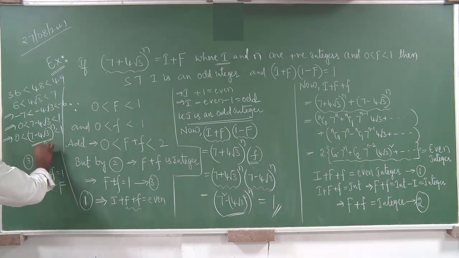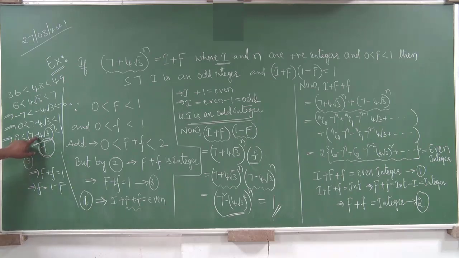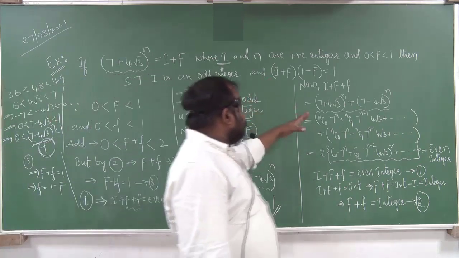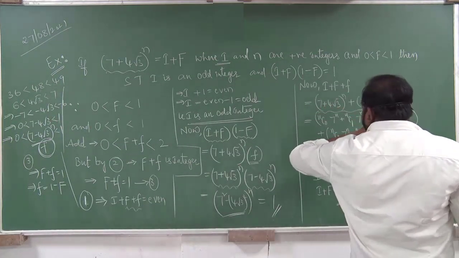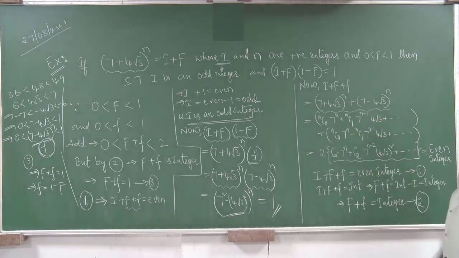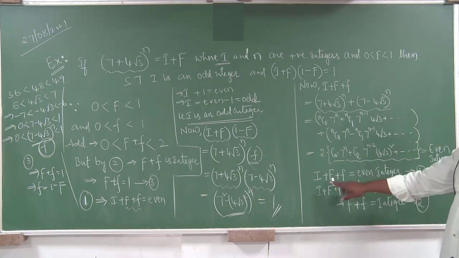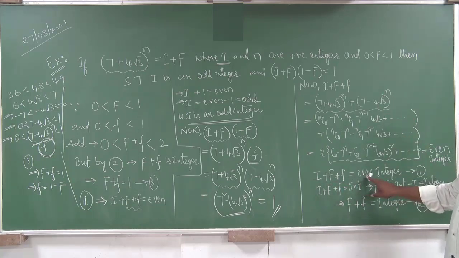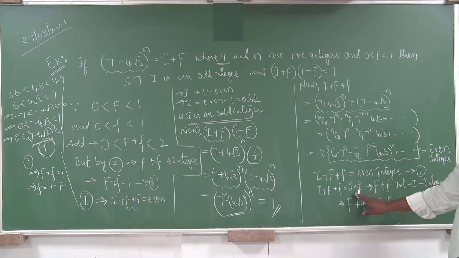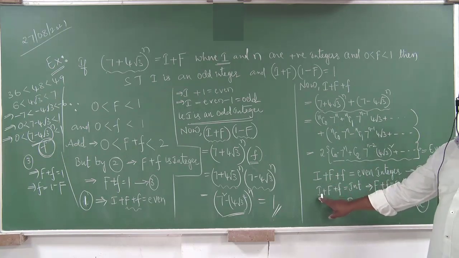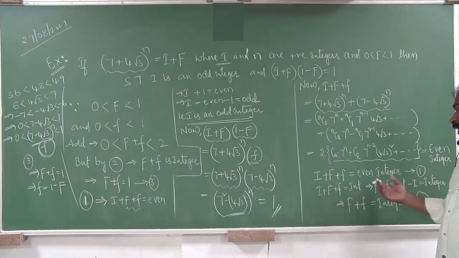Then this value I can take as small f. By considering this small f value as (7 − 4√3)^n, I proceeded in this manner, ma'am. If I do I plus capital F plus small f, I will get some even integral value. So I + F + f equals an even integral value. I is already an integral value. Bring this I value to this side.